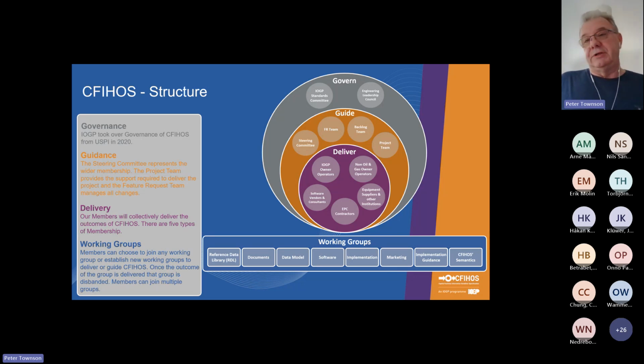So the EPC contractors have got together, formed this group, and they're providing guidance on how we can better support implementations, particularly from an owner operator's perspective, so that once a contract is received, they can actually see that it is a CFIHOS requirement and not just an extension, say, of an owner operator's core standard.